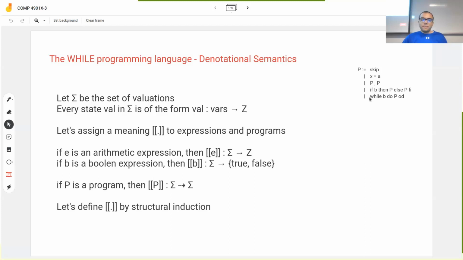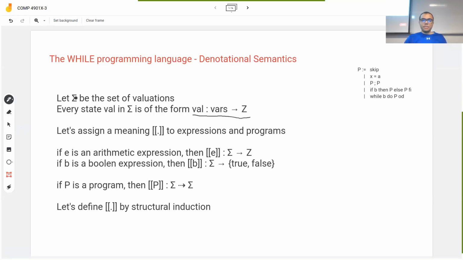So in that sense, I can now define my states again. And this time I can choose the simplest definition of state. I can just say that my state is basically just a valuation. A valuation is just a mapping of the variables in my program to integers. Okay.